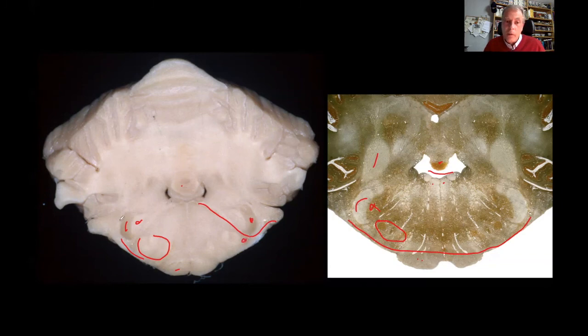Okay. We also have at this level vestibular nuclei. Okay, vestibular nuclei. We also have the deep cerebellar nuclei, fastigius, interpositus, dentatus.